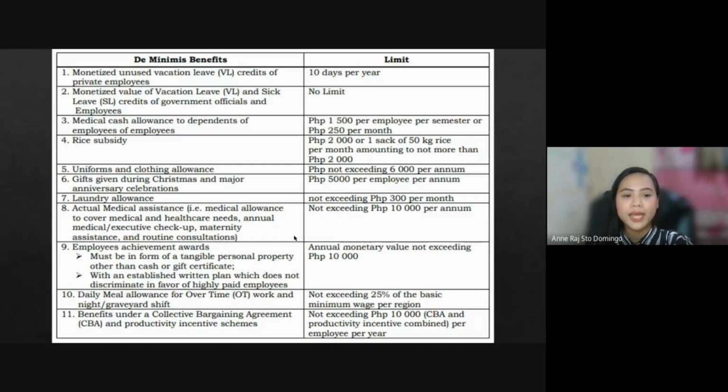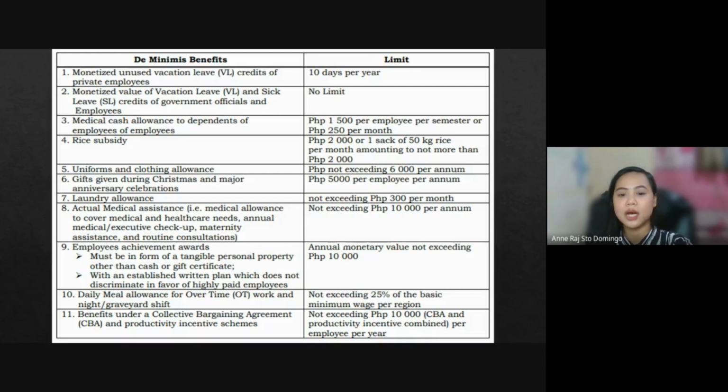Okay? And number 9, we have the employees awards, achievement awards. So this must be in a form of tangible personal property other than cash or gift certificate. So with yan, dapat may kasulatan, may written plan that does not discriminate in favor of highly paid employees.